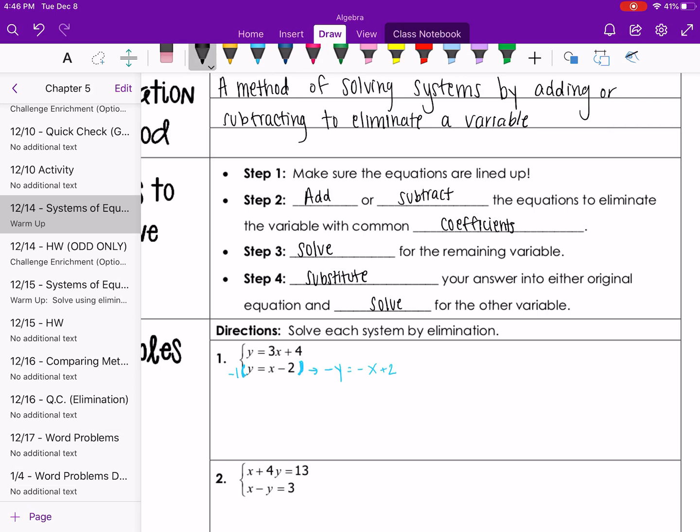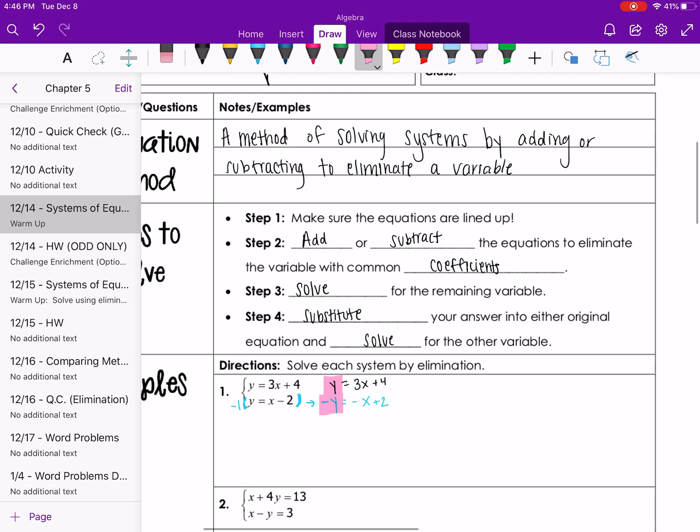I'm going to rewrite my first equation I had up at the top. Plus. And so now I can see that I have a y minus a y. Because these are opposite operations with the same coefficient, I can just cancel these out.